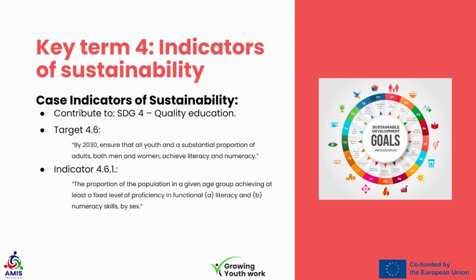By this, we can see that the project would help to achieve SDG number 4, containing target 4.6, which again contains indicator 4.6.1. This indicator would be the one to use as an indicator of sustainability, where the rest are considered a framework for these indicators.